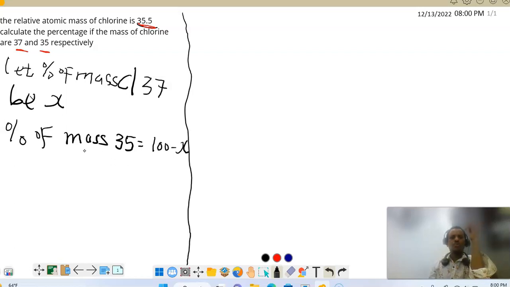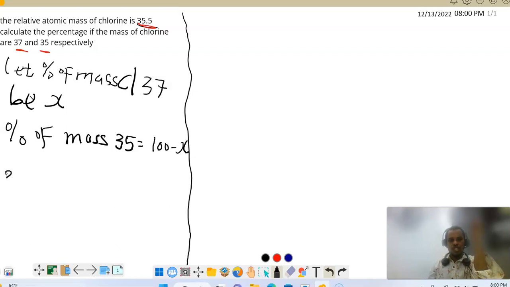We don't know both of them, but what we know is that the relative atomic mass is equal to the sum of the products of the percentage and the mass of the individual isotopes. When you multiply each mass by its percentage, add them, and divide by 100, it is equal to the relative atomic mass. So we create an equation.